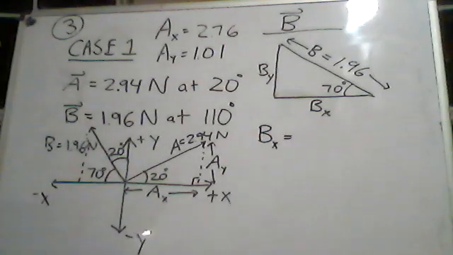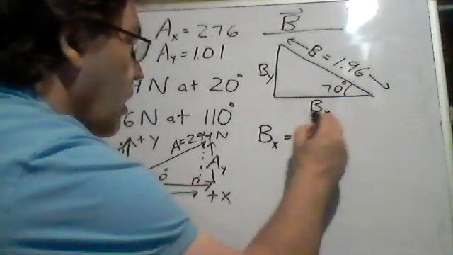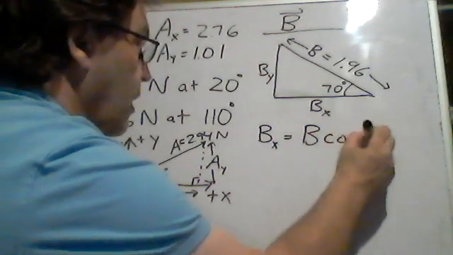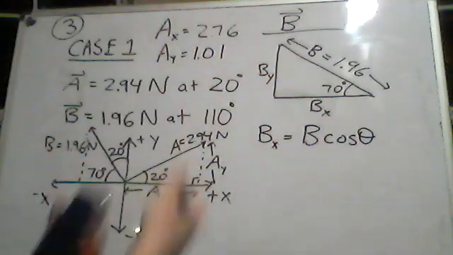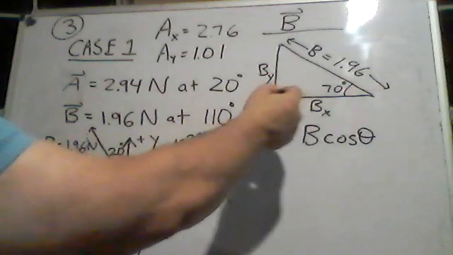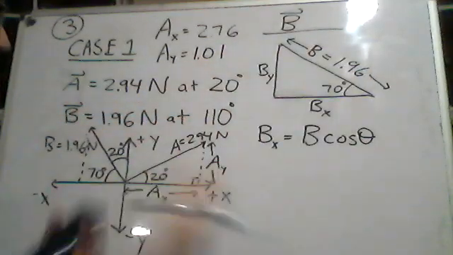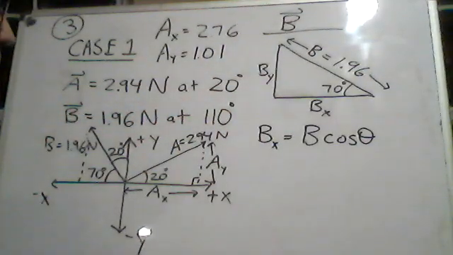So b sub x is what? It's b cosine theta, exactly as I did before. And this being the adjacent, this being the hypotenuse, I just did two steps of algebra in one. That's all I did.